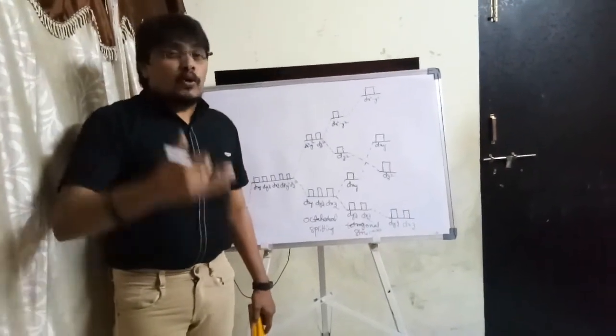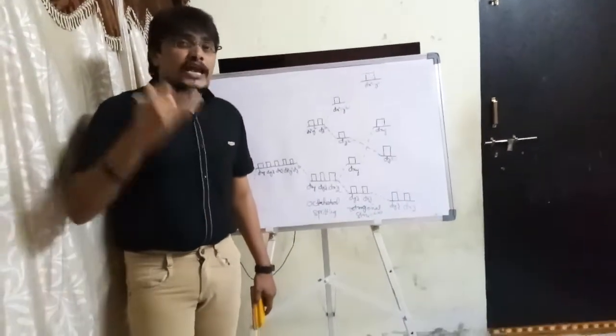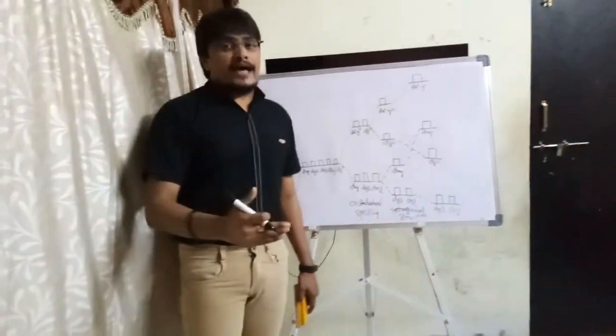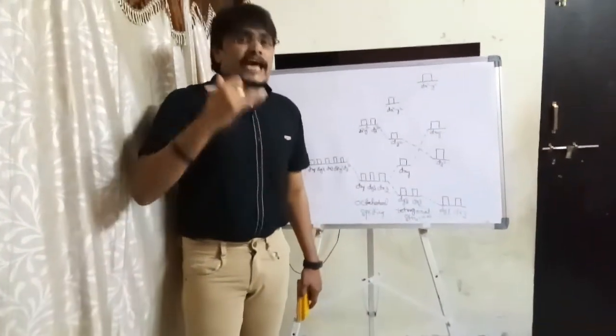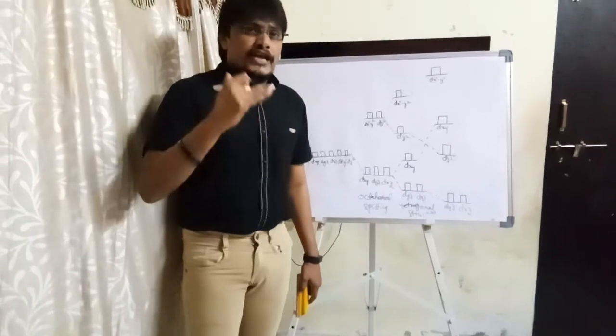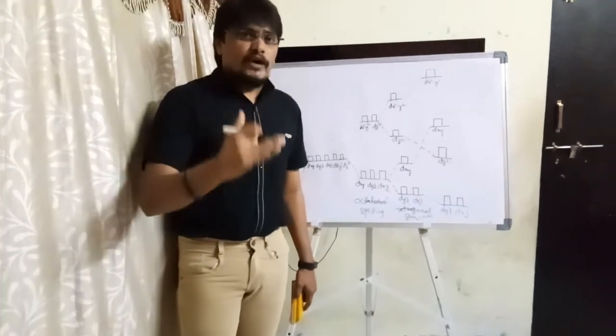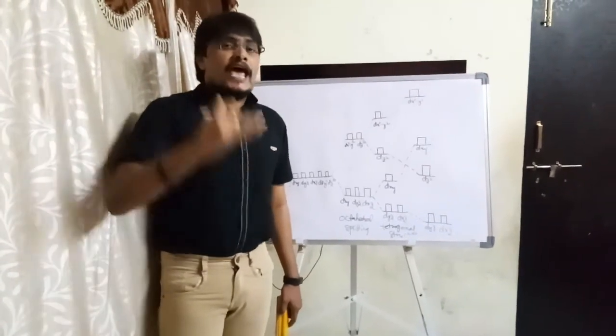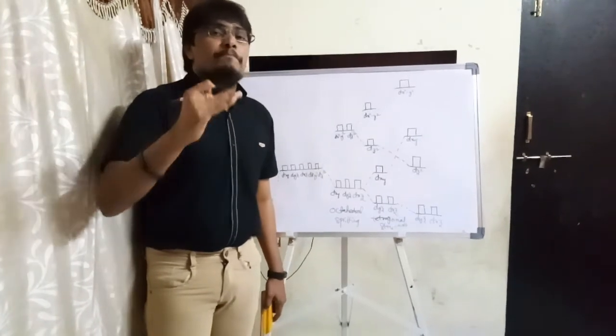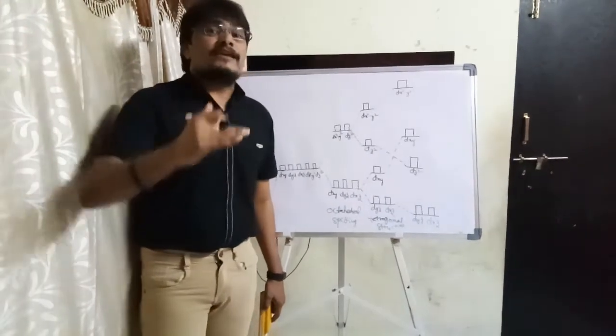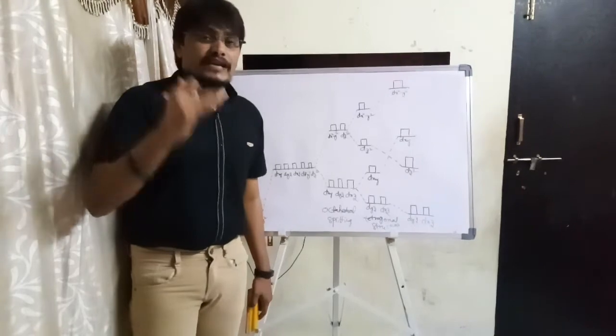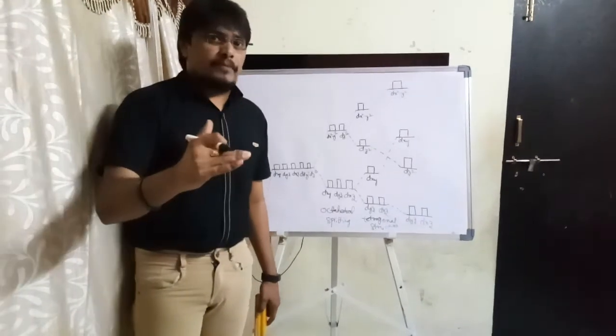The electrons on the ligand are approaching along the x and y axis. Since the electrons on the ligand are approaching along the x and y axis, whatever d orbital has electrons sitting along the x and y axis will experience the maximum repulsion.